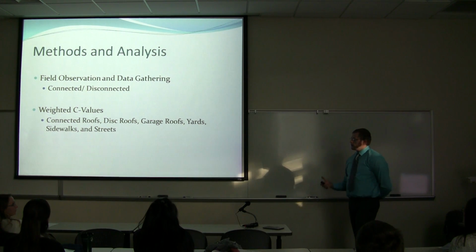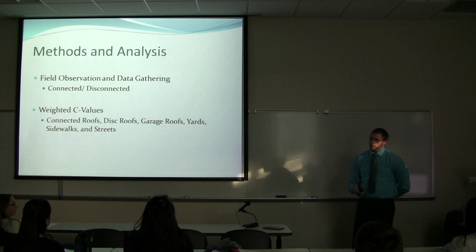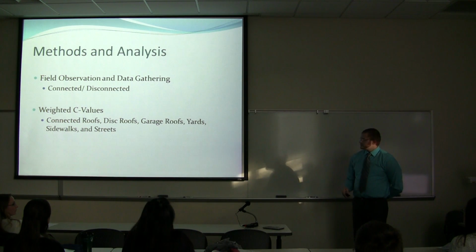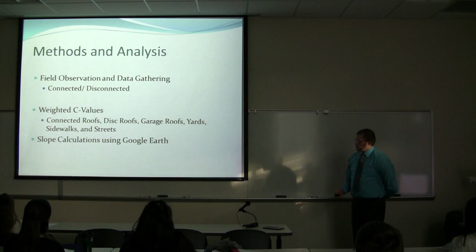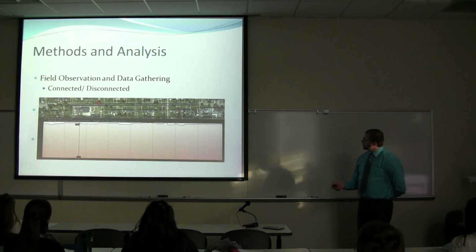We use weighted values using the roof areas, the yard areas, the sidewalk areas all together with their respective accepted C values. We found our slopes using Google Earth. This is an example of the slope profile from Google Earth of the alley that the combined sewer pipe, or conduit rather, runs down.